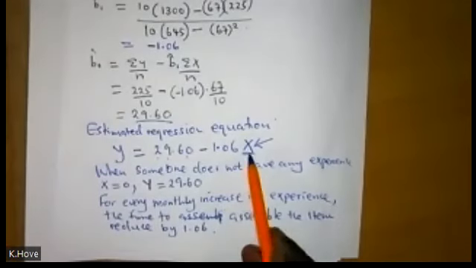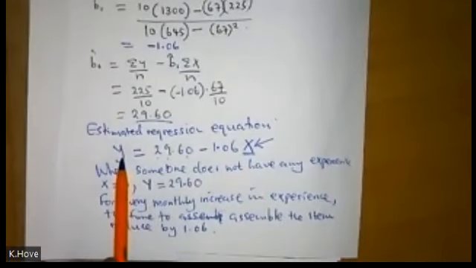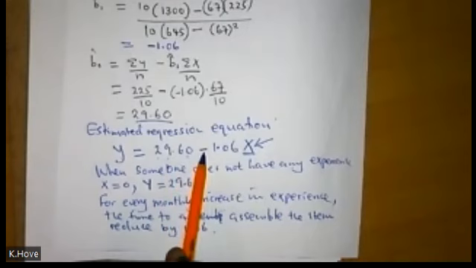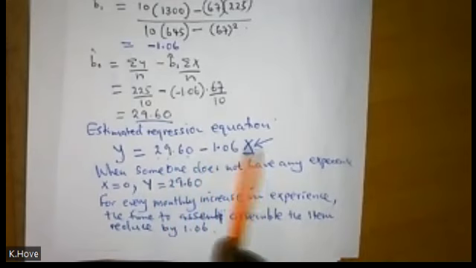So when x is equal to 1, the time, which is y, that will be taken to assemble the item will be 29.60 minus 1.06 times 1.